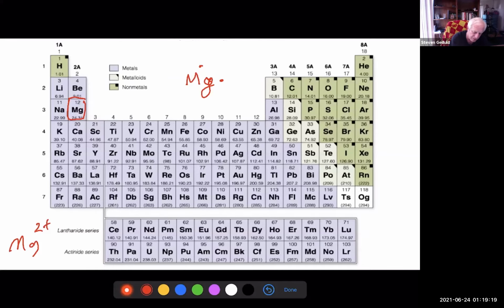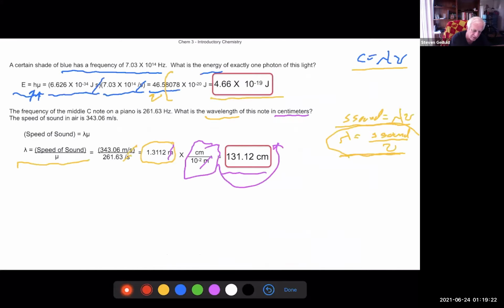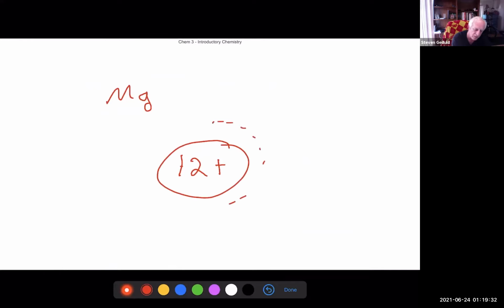So we're going to go back to magnesium, which has 12 protons in the center, 12 plus charges, and 12 electrons flying around it. That's your S orbital. This is your P orbital.